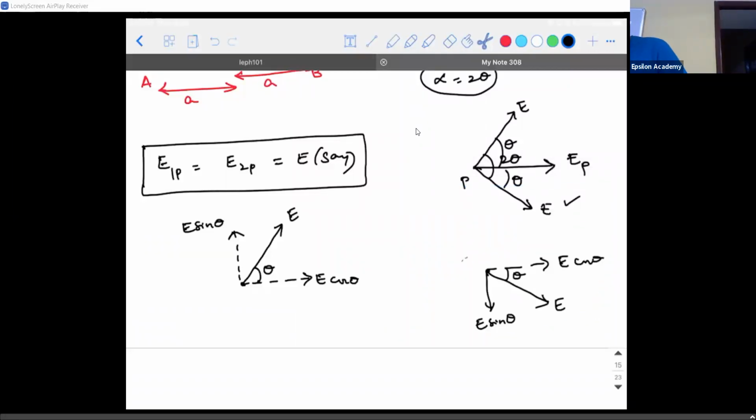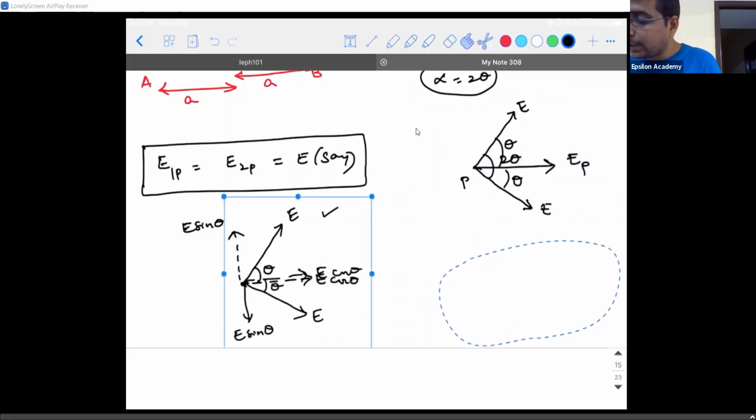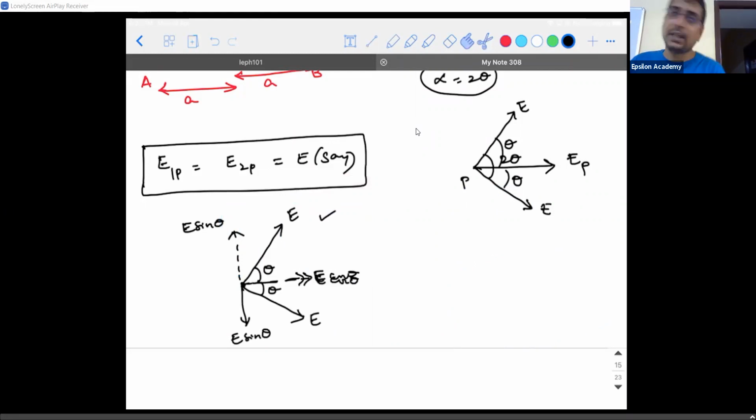Now see, if I take this one and move it to this point, then this is going to be the net electric field which is acting at point P.